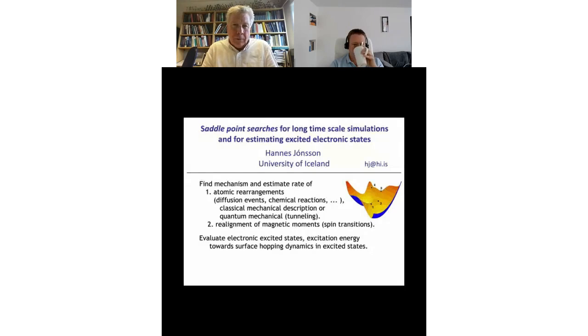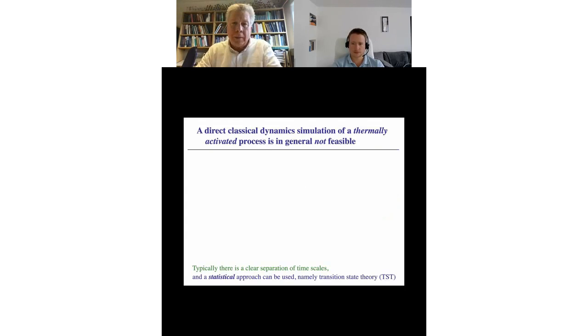And we are involved in estimating the lifetime of such states, again, because of thermal excitation. And then finally, I want to use the opportunity to talk about the calculations of excited states. So all of these things are hinging on finding saddle points on energy surfaces. Now, let's start with the first thing, these long timescale events.